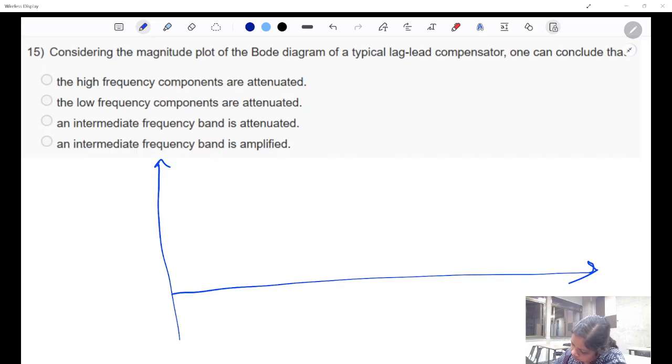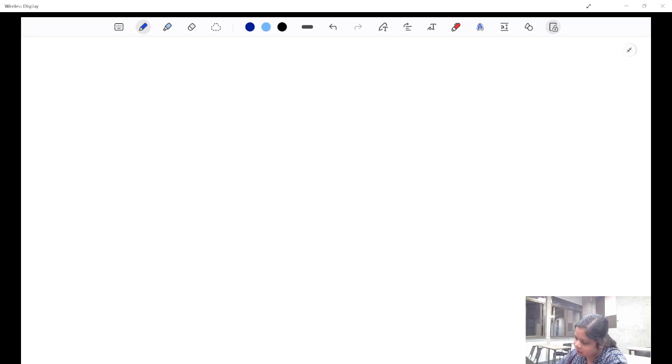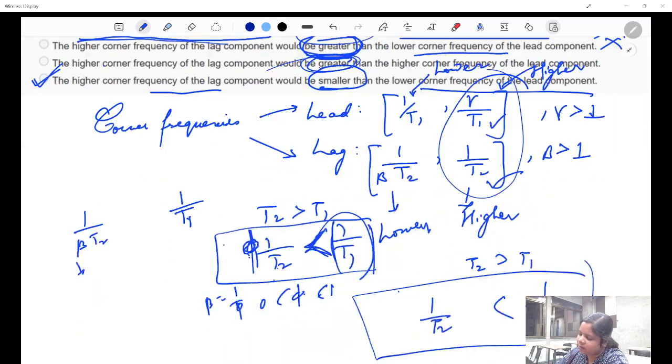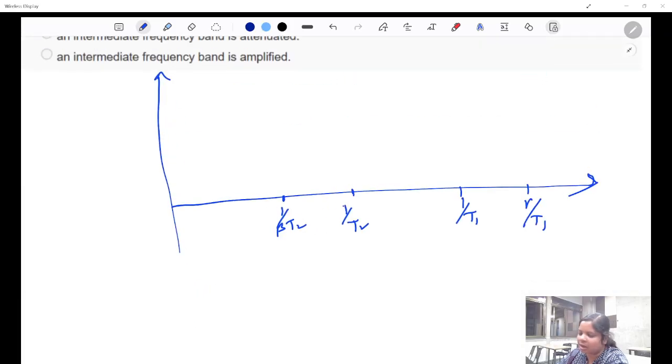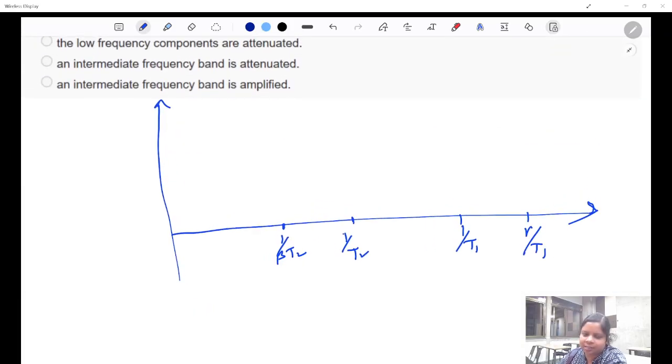So let's say we have 1 upon beta T2 over here, and then 1 upon T2 over here, 1 upon T1 over here, and gamma upon T1 over here. This would be the sequence, right? If it satisfies the same thing, T2 is greater than T1, so this is how the corner frequencies would be located.